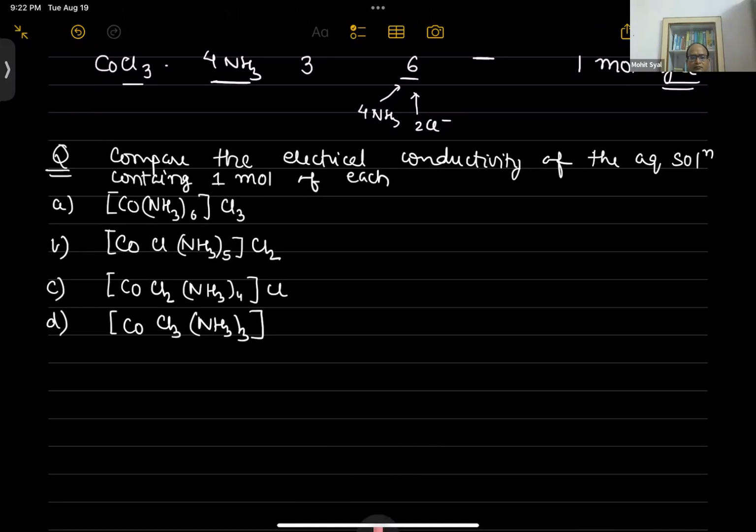The first one, because it has a total of 4 ions. Exactly. So A, then B is actually a 1:2 electrolyte. Got it? And C is a 1:1 electrolyte. Yes, sir. And D will not conduct electricity.